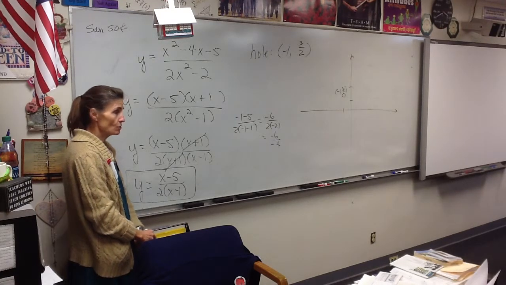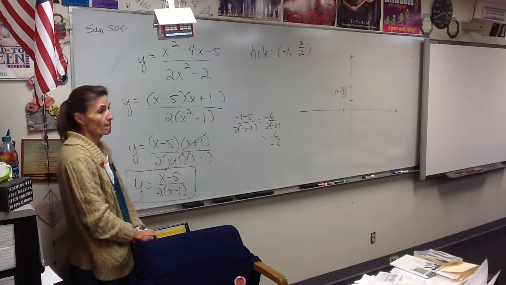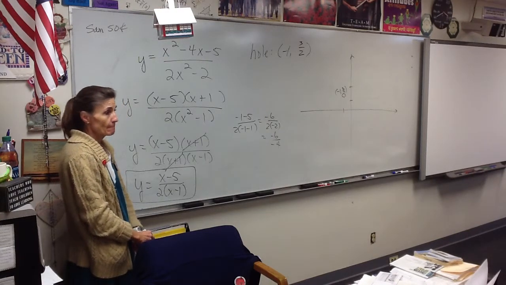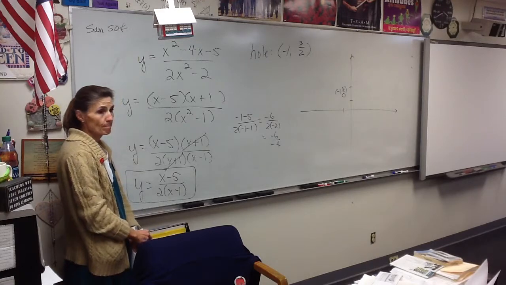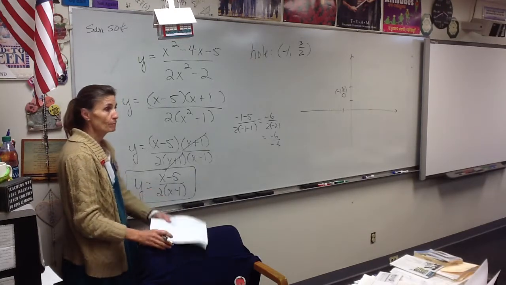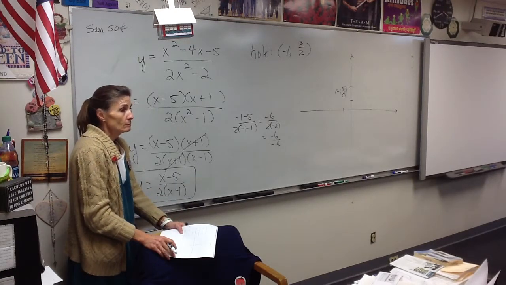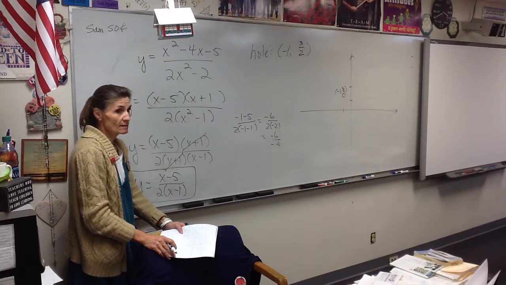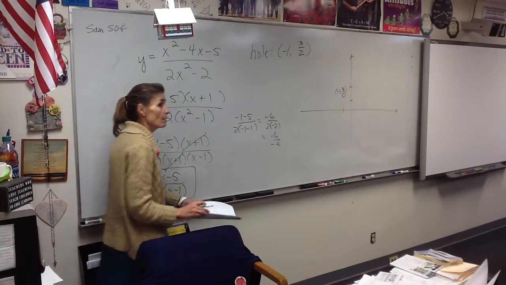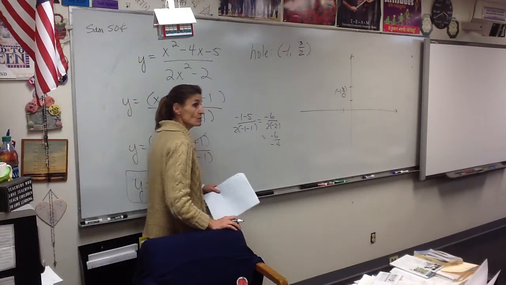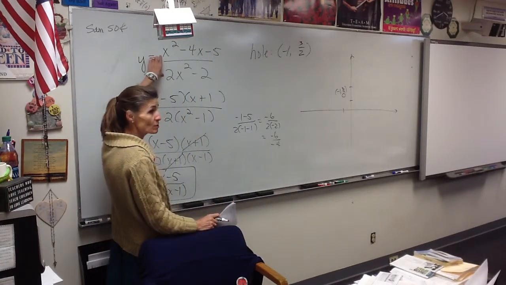What else do I know about the picture? Uh-oh, we're in trouble. Tomorrow's the test. We don't know what else we know about the picture? The horizontal. There's going to be a horizontal asymptote. And where's that horizontal asymptote going to be?